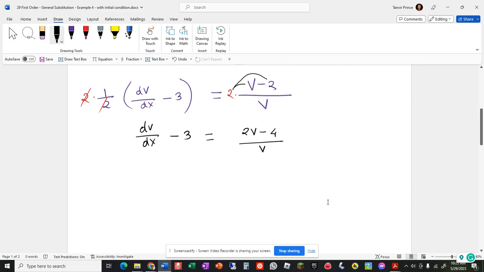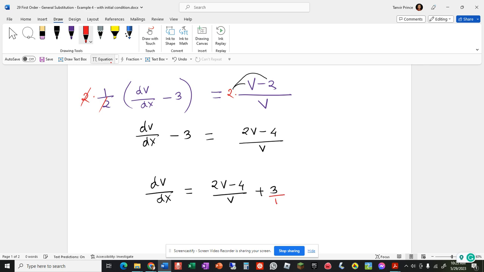Let's add 3 to both sides. So I'm adding 3 to both sides. Let's combine this to one fraction. Remember, 3 is 3 over 1. So to combine, I have to make the denominator the same.